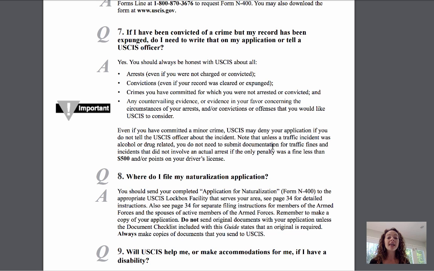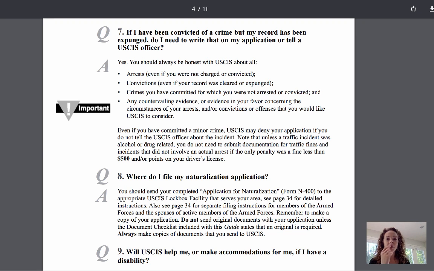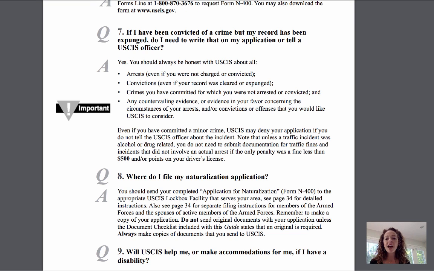Note that unless a traffic incident, very important here, unless a traffic incident was alcohol or drug related, you do not need to submit documentation for traffic fines and incidents that did not involve an actual arrest if the only penalty was a fine less than $500 and or points on your driver's license.